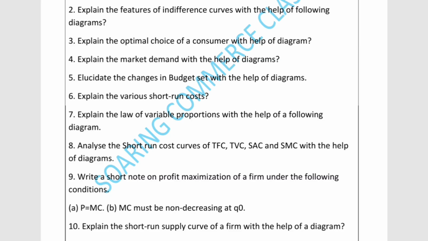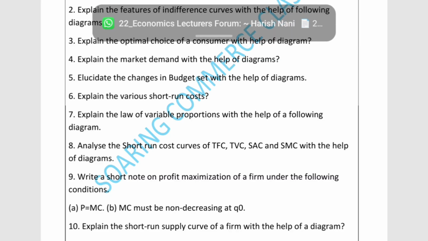And the next question, analyze the short-term cost curves of TFC, TVC, SAC and SMC with the help of diagrams. You need to study these 3 questions. So these 3 questions are very important from production and cost. At least 1 question is going to be raised from your examination point of view.